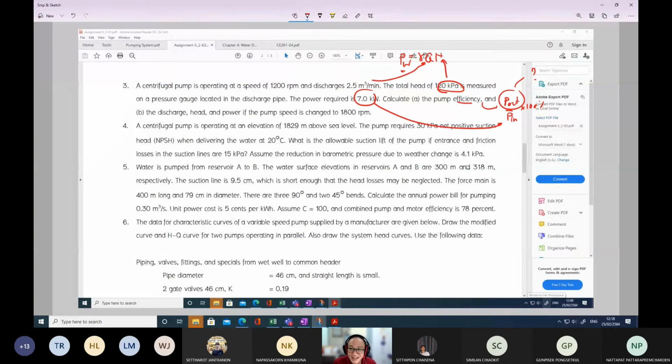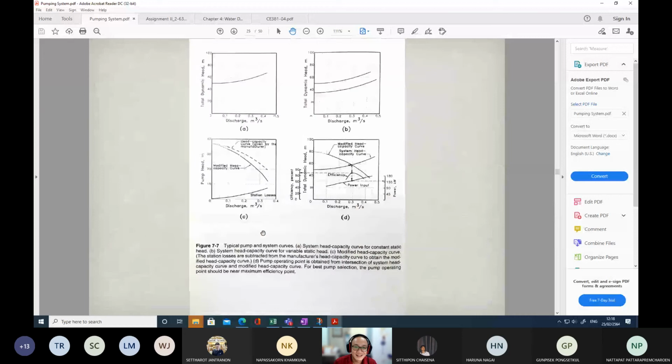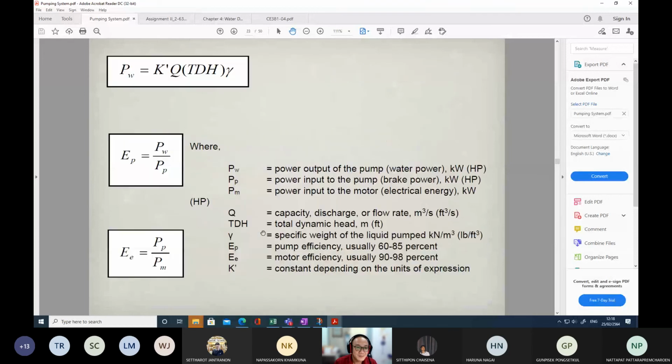The power can be determined from this relationship, which is equal to gamma Q TDH. The unit of the power is given as watt or kilowatt. Q is given as cubic meters per second. Then the TDH is given in meters.